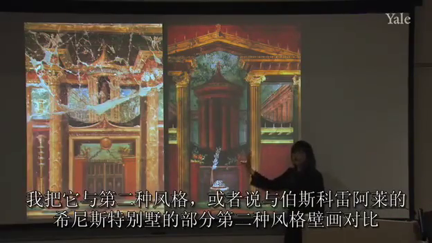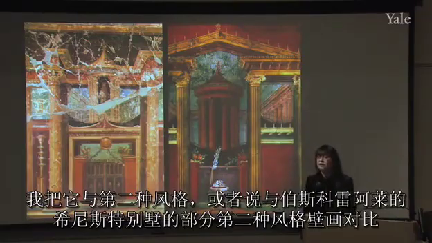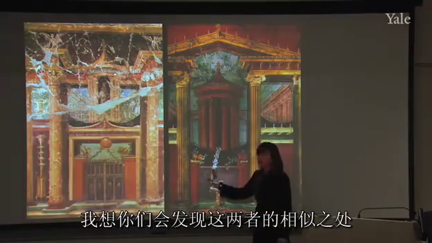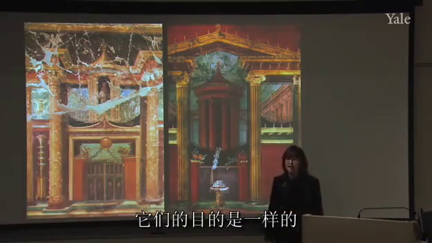I compare it to a part of the second style wall of P. Fannius Sinistor at Boscoreale, and I think you can see the resemblance between the two. The objectives are the same.